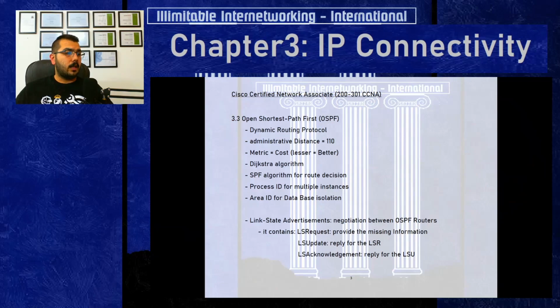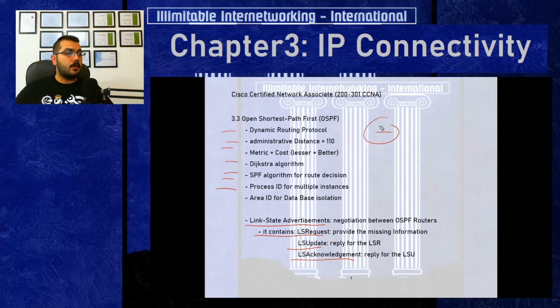Okay, so again, we have talked all about these 7 points. After this we will talk about new things, which are some unique terms that you will see only in OSPF.